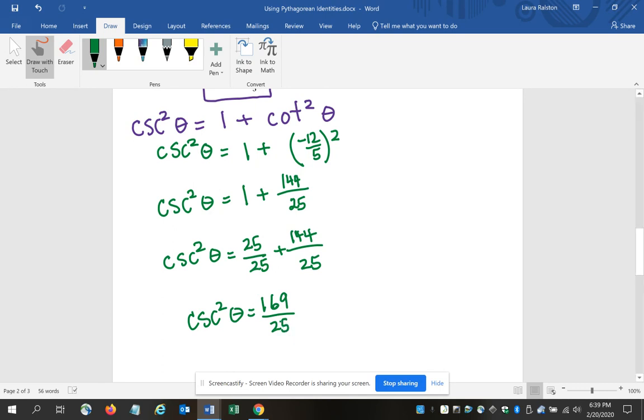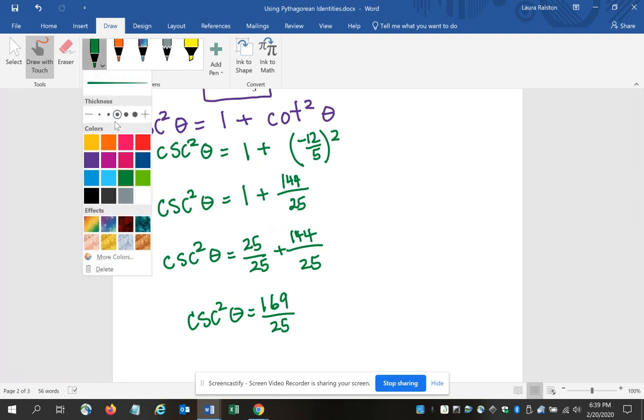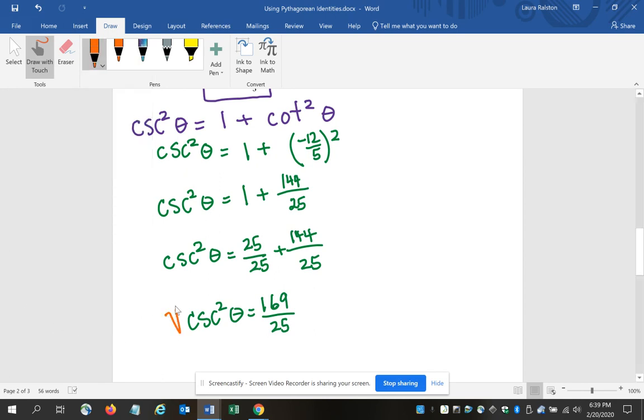And then I need to take the square root of both sides so that I can get just plain old cosecant. Okay, so I'm going to square root both sides. Again, you have to think about whether it's positive or negative.